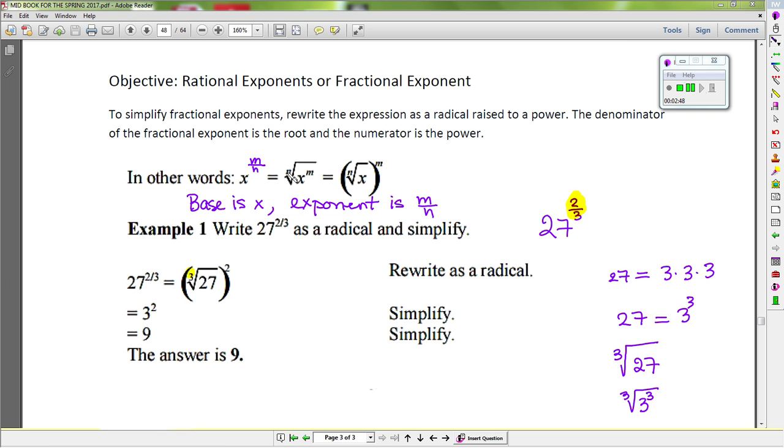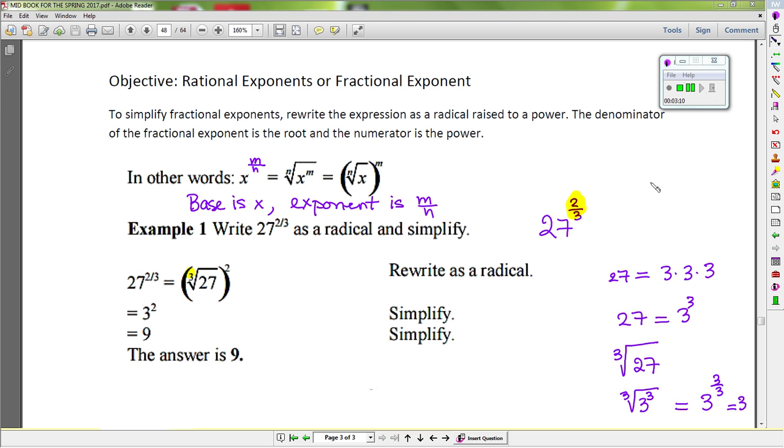If we have n root of x to the power m, we can write it as the base to the fraction exponent. So this will be the same thing as 3 to the power of 3 over 3. So the fraction exponent is gone. It's just 1, so you get 3 to the power 1, which is 3. So the cube root of 27 will give me 3, and then the exponent outside is 2, so 3 squared will give me 9. So the answer will be 9.